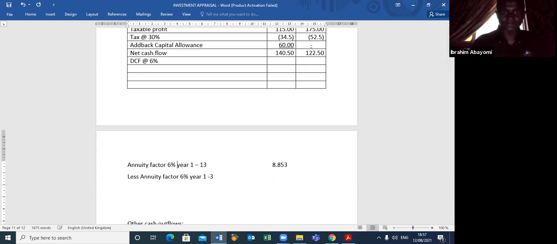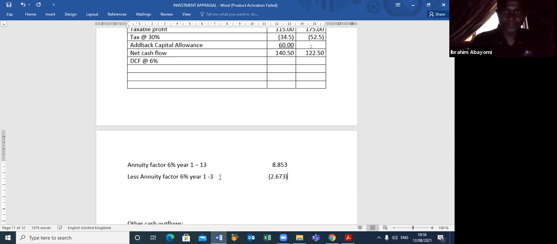That will be 1 minus 1.06 raised to power minus 3, divided by 0.06. We have 2.673.